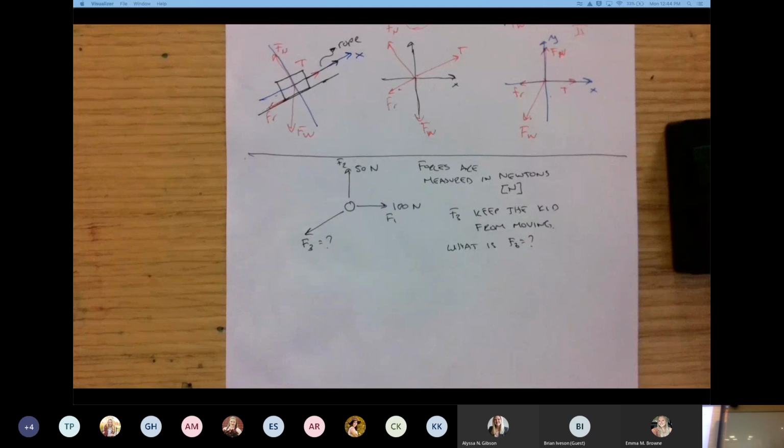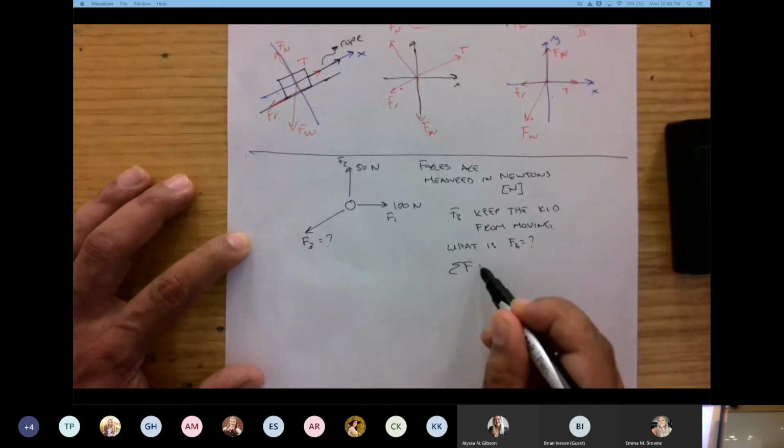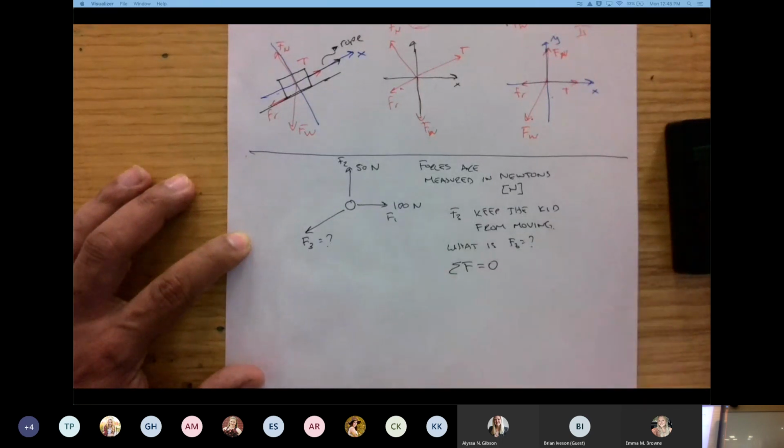So this is where you need to apply a little bit of Newton's law. If the kid is not moving, what is the net force equal to? 0. So if the kid is not moving, that means that the net force has to be equal to 0, everywhere.